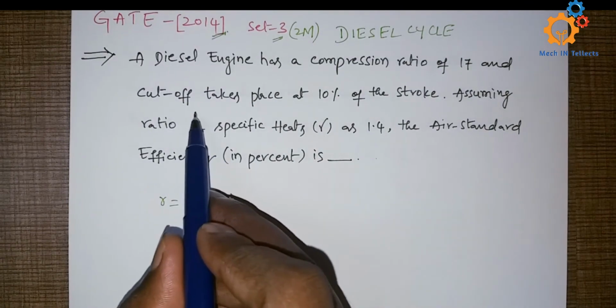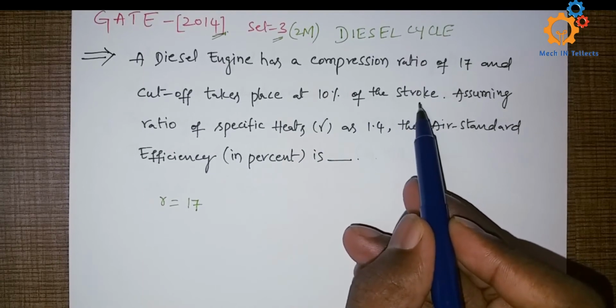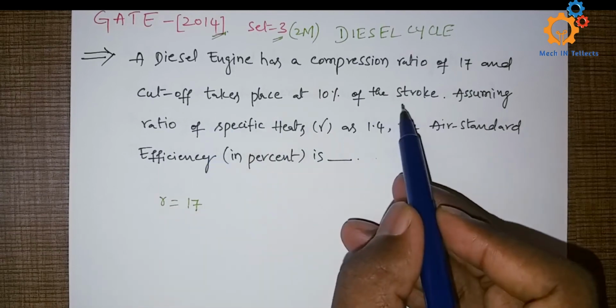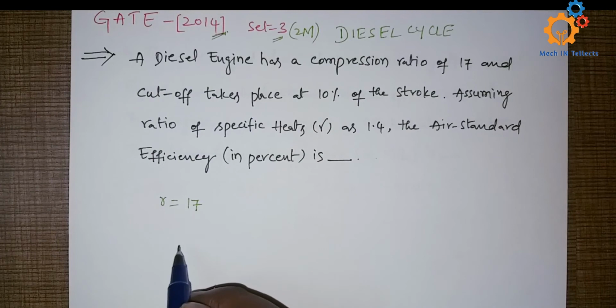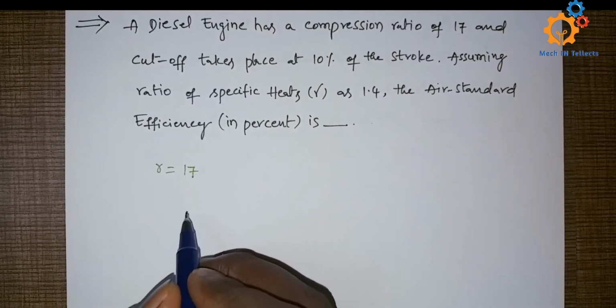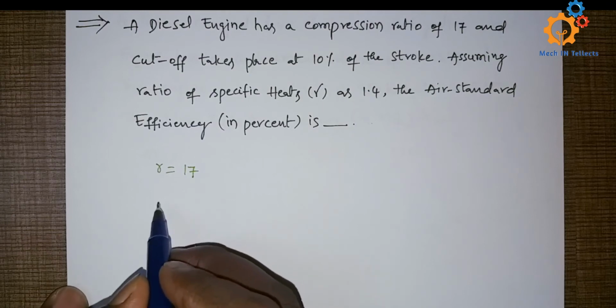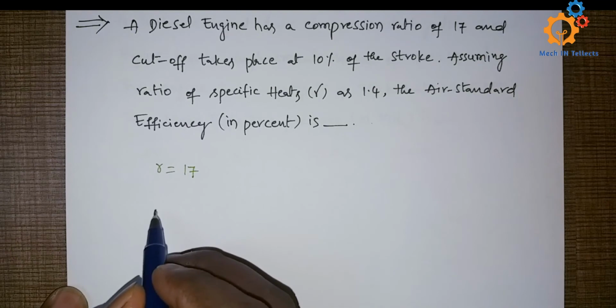And he has given cutoff is taking place at 10% of the stroke. We have a relation between cutoff ratio and compression ratio. See, I am using a formula. If you remember this formula, it will be very useful in all competitive exams for time saving.